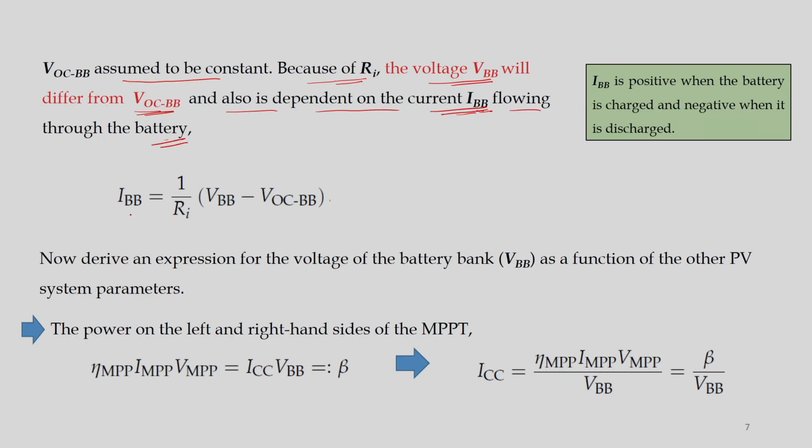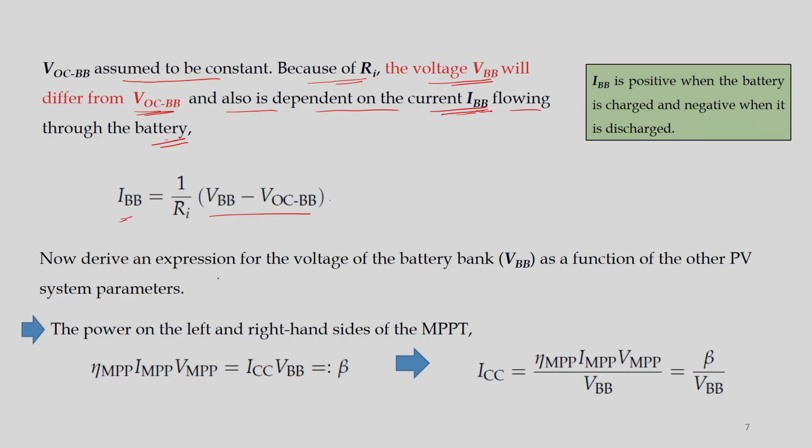So, I_BB can be related with V_BB, V_OC and R_i, because as you know V is equal to IR. So, V_BB minus V_OC is equal to I_BB into R_i. So, I_BB can be calculated as 1 by R_i times this difference, V_BB minus V_OC, right.